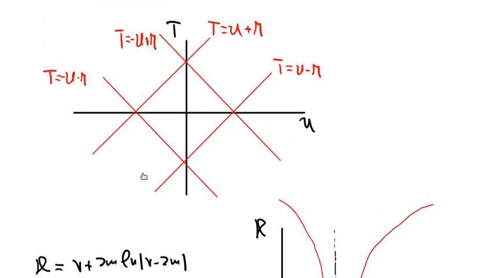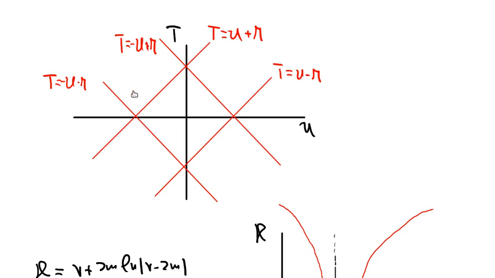So I can just draw the result in the diagram. This is big R equal infinite. This is r equal infinite. This is r equal minus infinite. This is small r equal minus infinite.